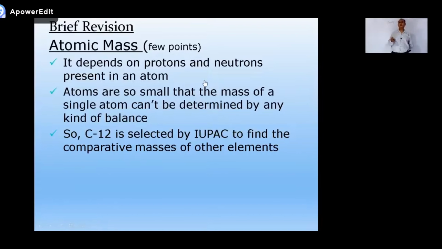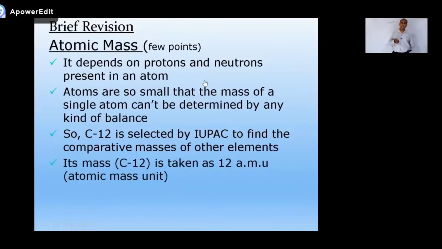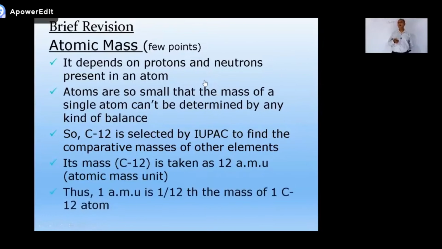Each part they called 1 AMU. I know it's confusing. So all the masses that we hear, like the mass of oxygen 16, the mass of chlorine 35.5, the mass of sodium 23, these are all compared masses. We have compared these masses with 1/12 of the mass of carbon.